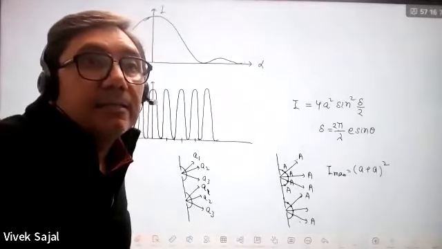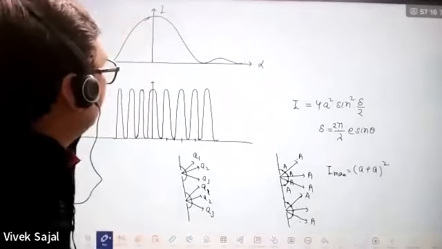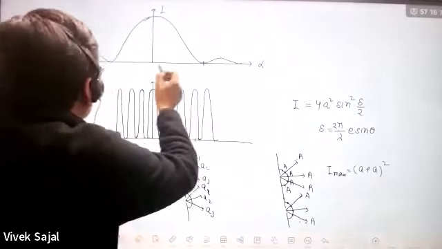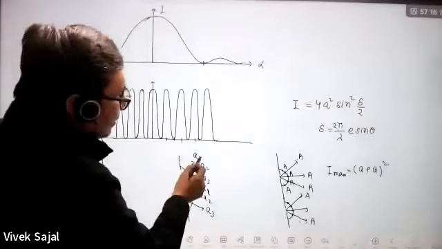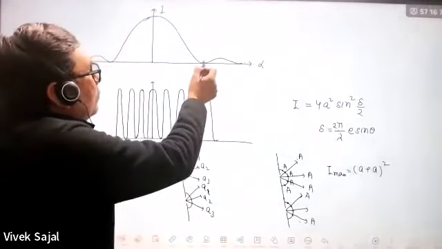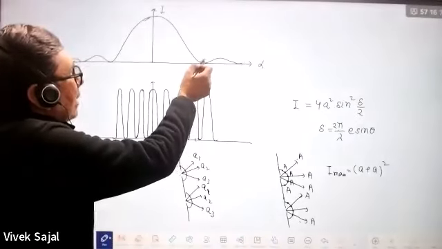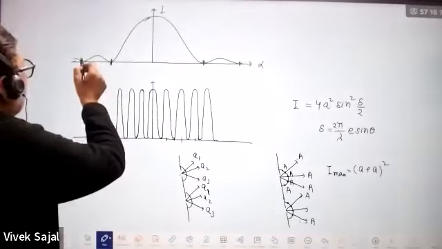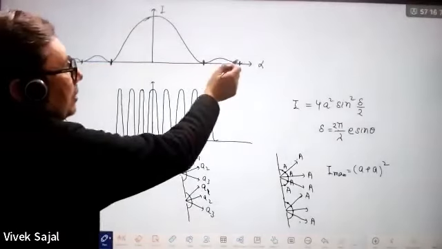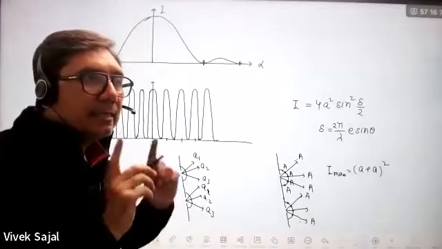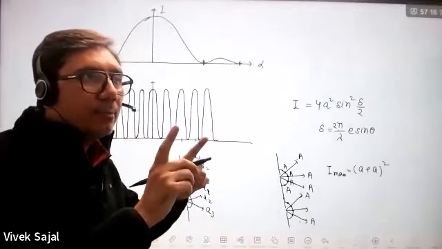The amplitude of the light is different. And if you choose the angle corresponding to this minima or this minima on both sides, these minima correspond to some directions, and in these directions the intensity of the propagating light is 0.